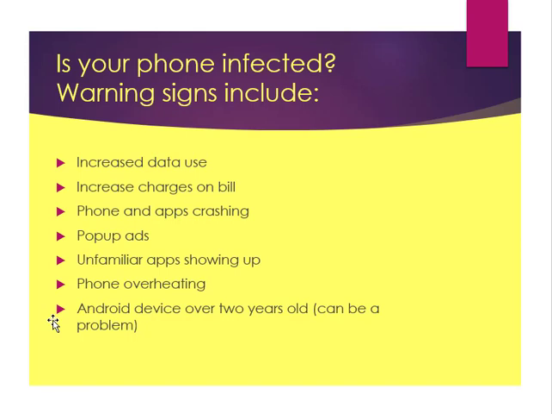And now this is a tricky one. If you have an Android device and it's over 2 years old, you are more prone to infections. And the reason is these Android devices are really unique. Depending on if they're Samsung or Motorola, different companies make the Androids. Different companies have different rules on updating their software.